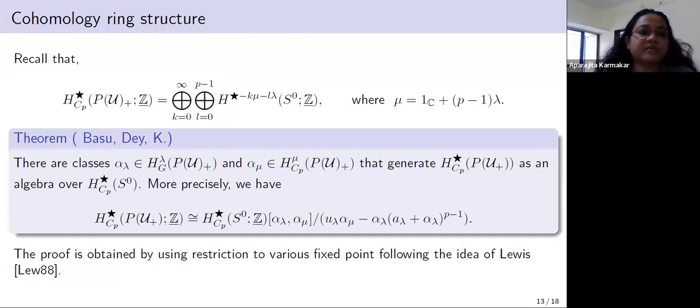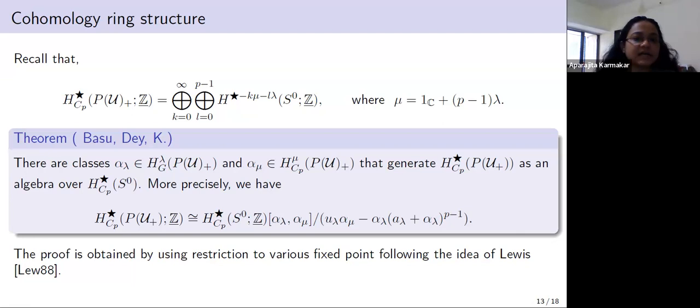So for G equals Cp, where p is a prime, we already have H star Cp of PU with Z bar coefficients is the direct sum of H star minus K mu minus L lambda of S0 with Z coefficients. There are classes alpha lambda in H lambda Cp of PU plus and alpha mu in H mu.